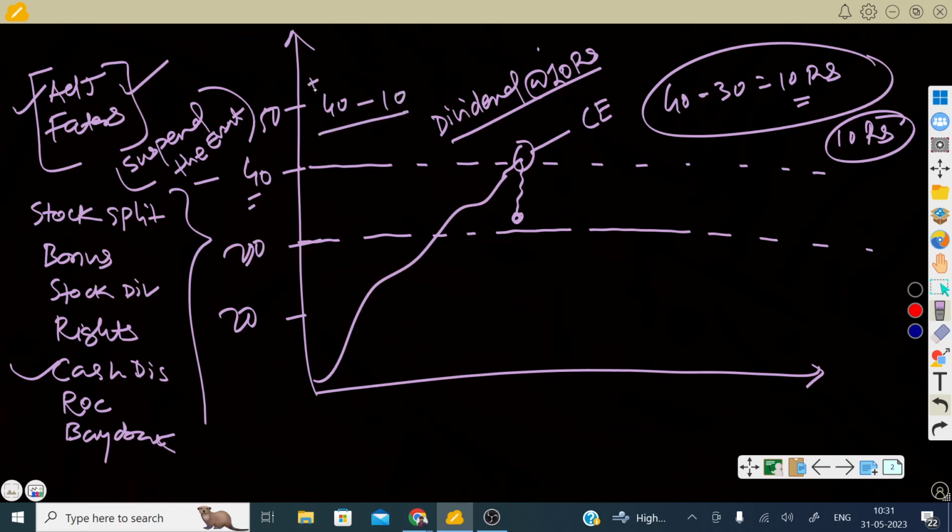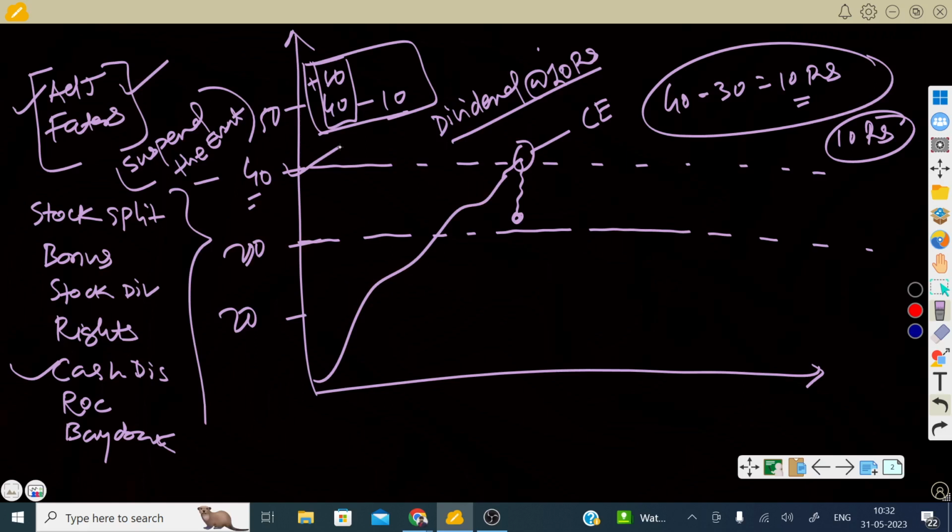But the stock exchange will add 10 rupees as a dividend in your premium while calculating. So that becomes 50, and 50 minus 10, again you would be at 40. So the total premium in your account books is 50, meaning no loss, no profit, because the 10 rupees dividend will be added in your account. That is one way.